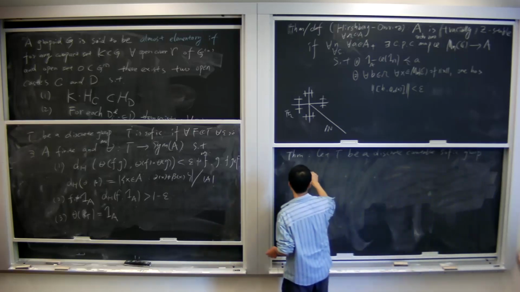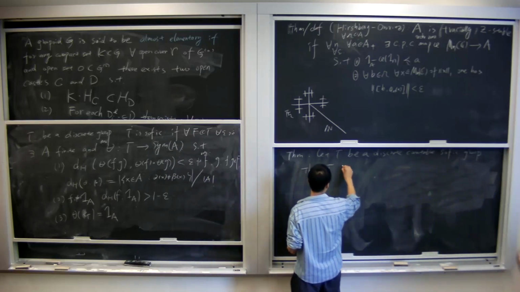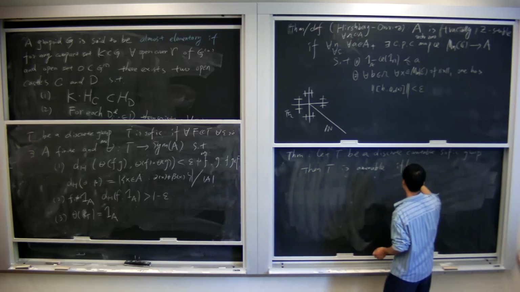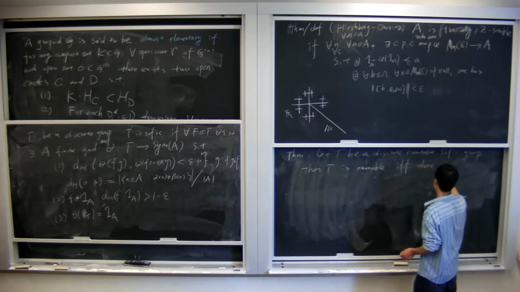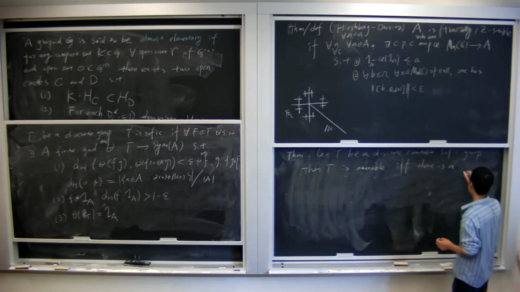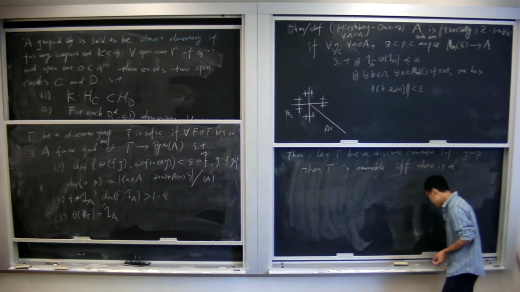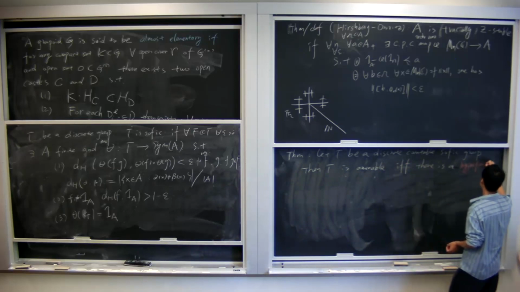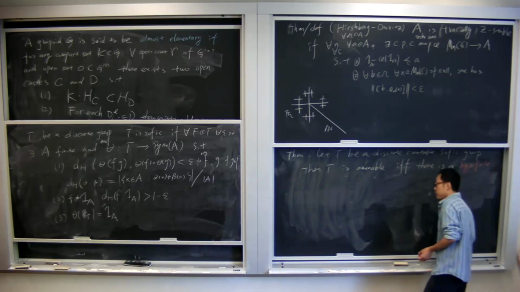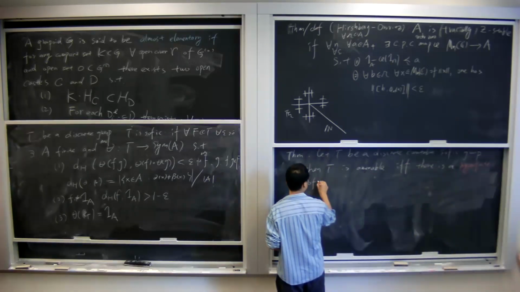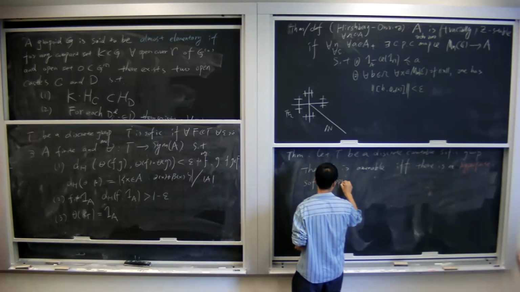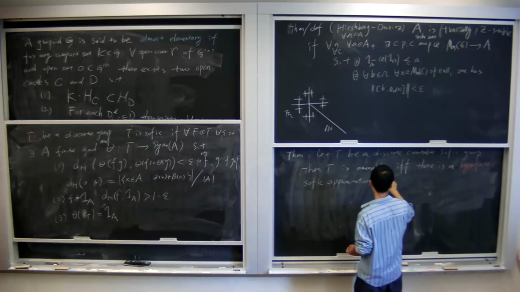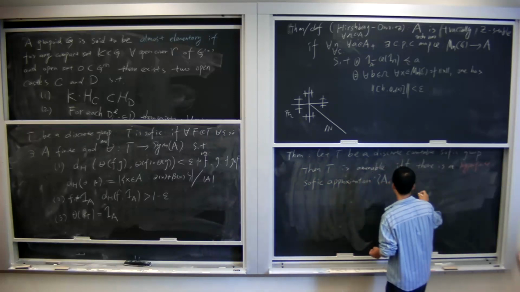Then gamma is amenable if and only if there is a so-called hyperfinite sofic approximation, maybe let's say A_n, for your gamma.